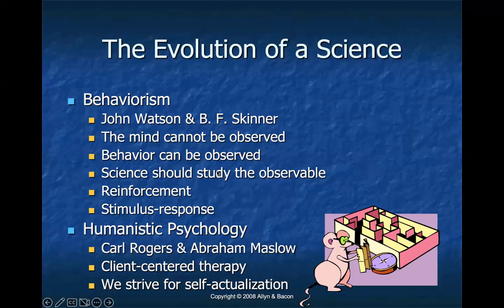Let me go back to the humanists. We strive for self-actualization with Maslow, to be all that you can be. Yes, the army stole that line from Maslow. The best that we can be.